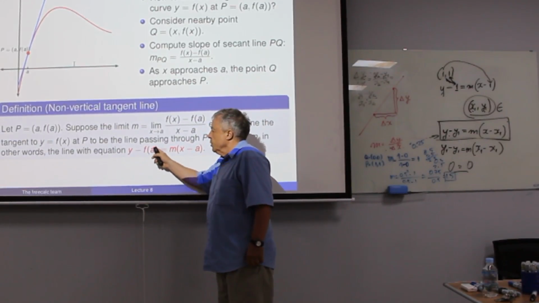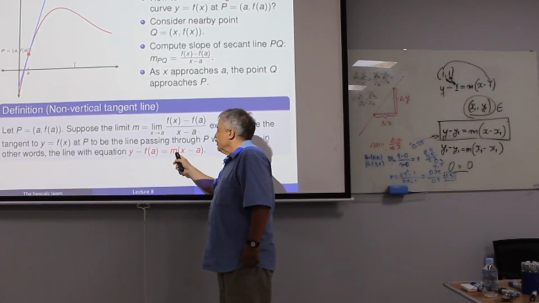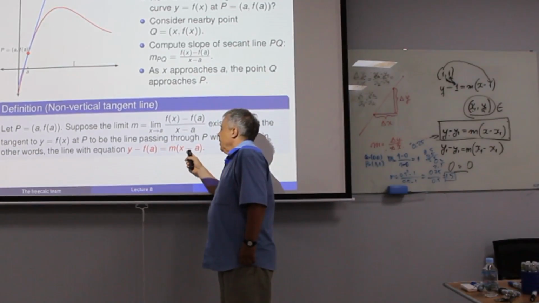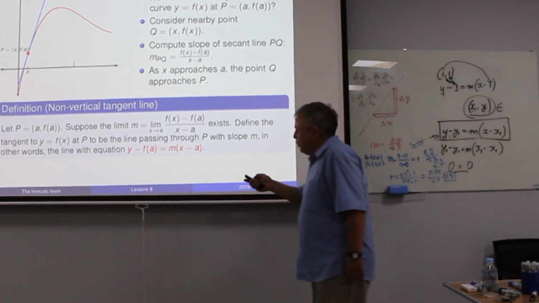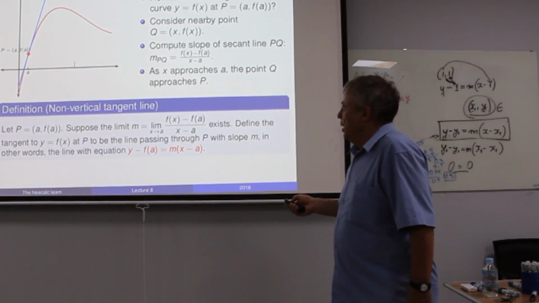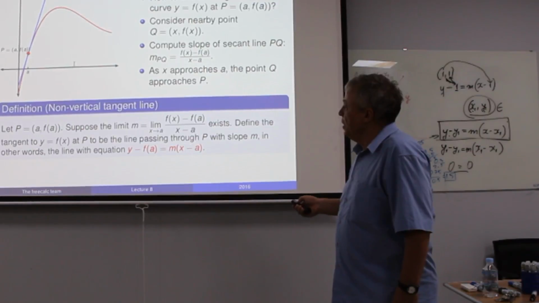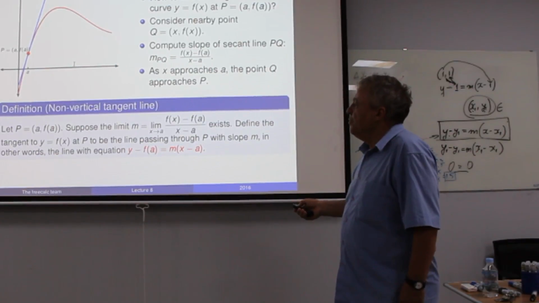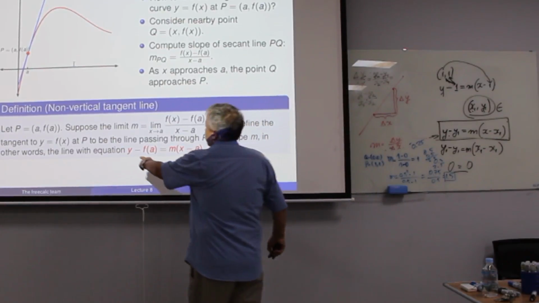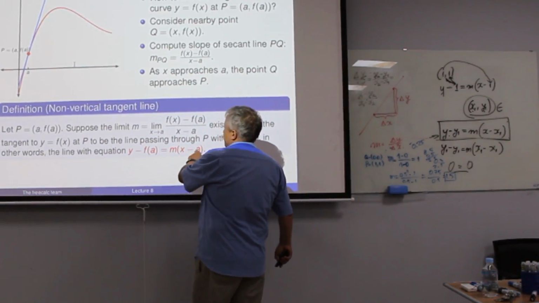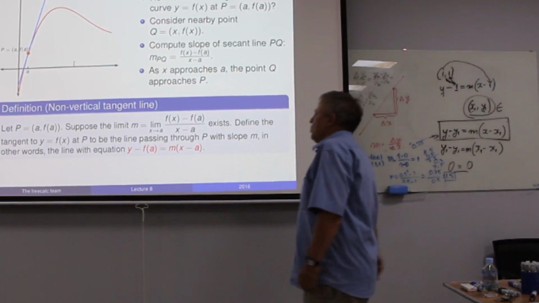Y minus y1 equals M inside the bracket x minus x1. So now you can check, is this point lying on that line? For sure, right? Because here y is f of A and here x is A, so it becomes 0 equals 0.